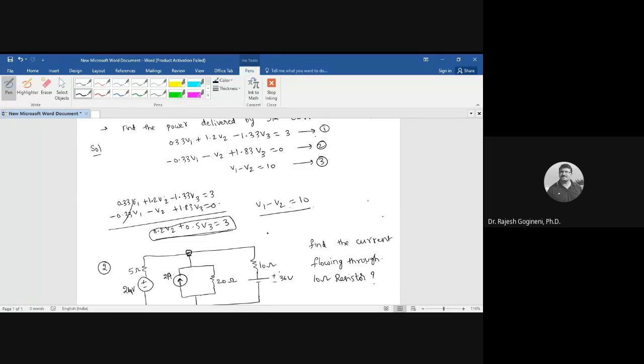V2, V3 are there. One equation is in V2, V3. And the relation between V1, V2 is given as 10. Solve this one.